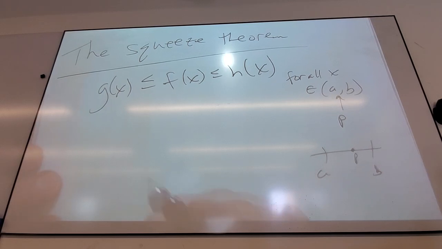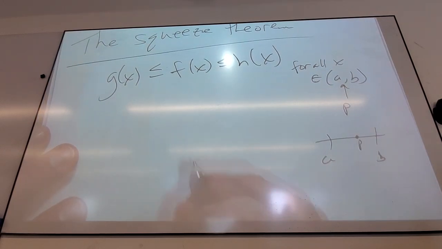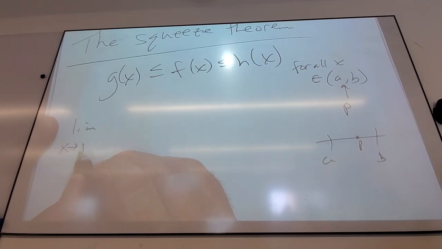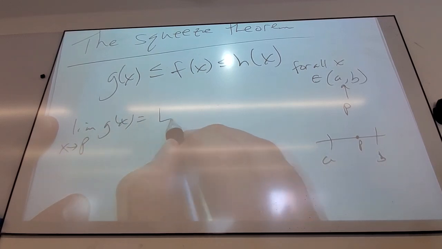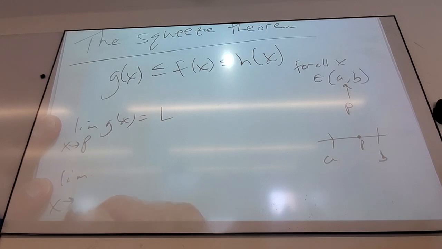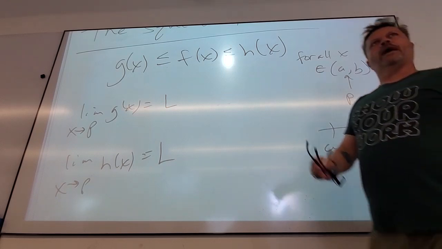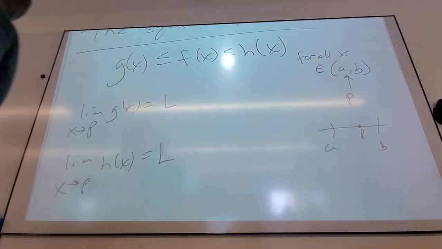And let's say at P, the limit as x goes to P of g of x is L, and the limit as x goes to P of h of x is L. So as I approach this input P, the outputs for g go to L, and the outputs for h go to L. So visually, what does that look like?